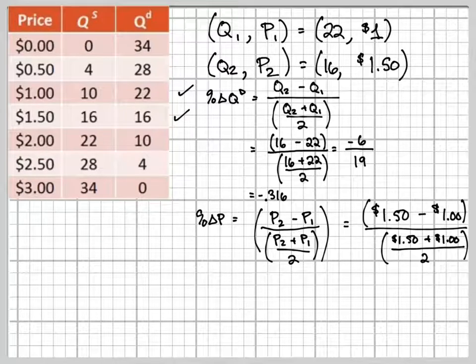So this is equal to 50 cents divided by $1.25. If you throw that into a calculator, you get 0.4.